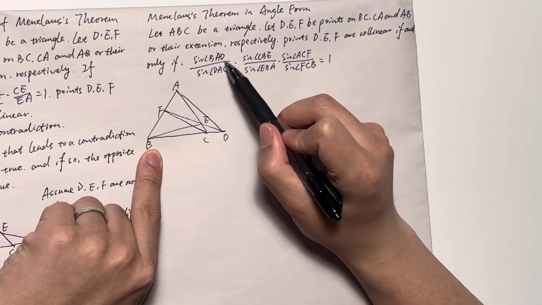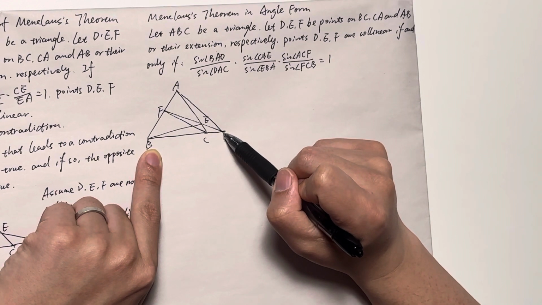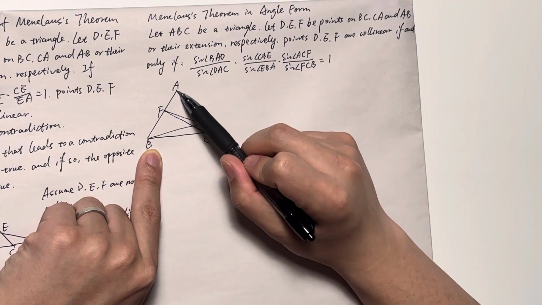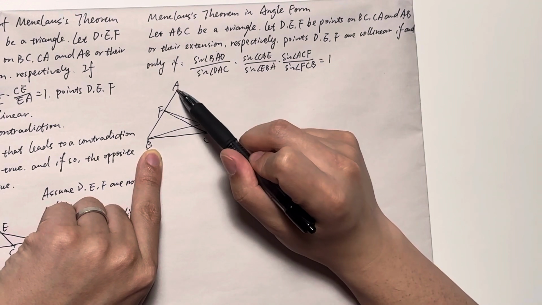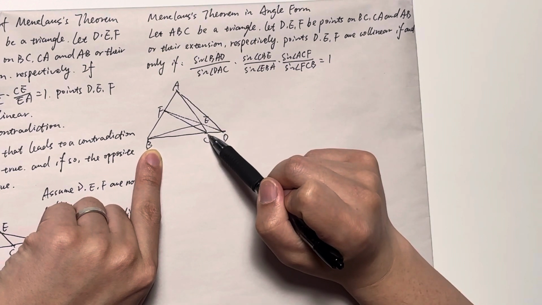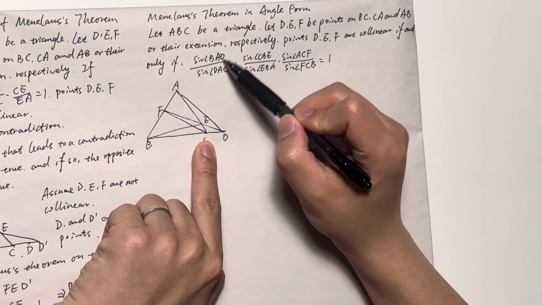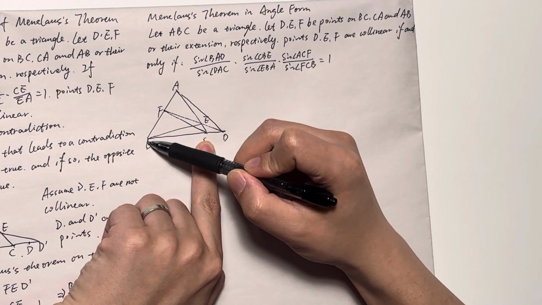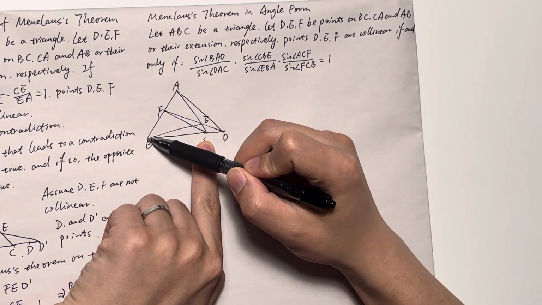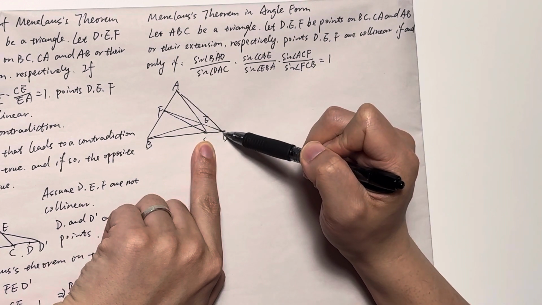That's on the numerator. And on the denominator, it starts from the same intersection point and goes back to the vertex and then goes to the next vertex, that's C, right? So for the numerator, it starts from one vertex, goes to the next vertex, and then the intersection point.